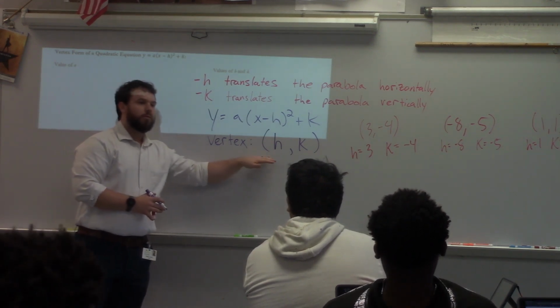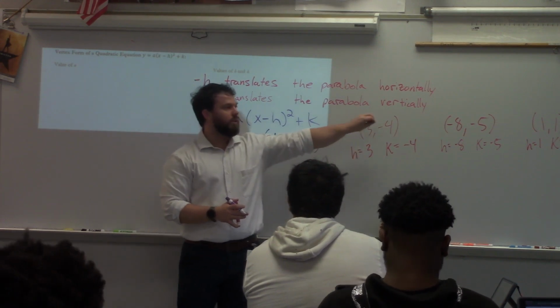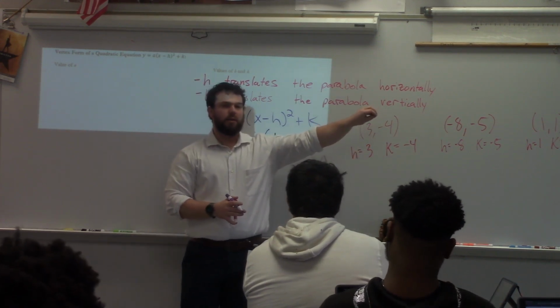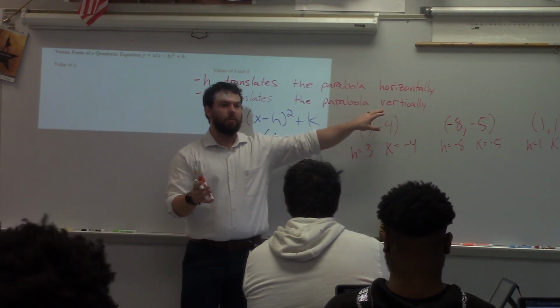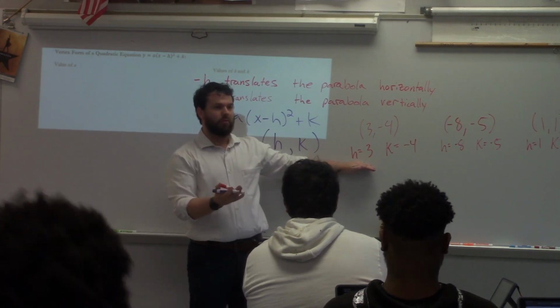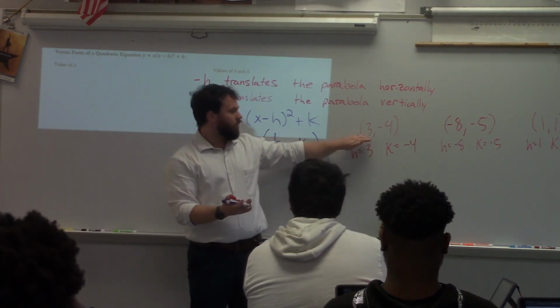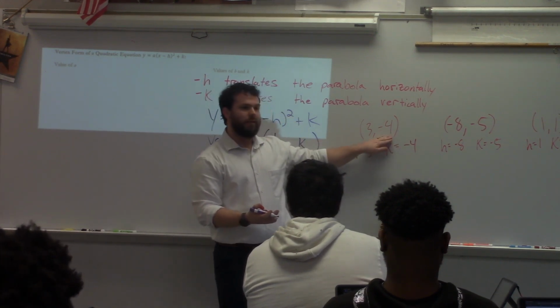So what we did, Jay Sean, is we looked at 4 different vertices from 4 different people, and I asked them, what h value did you have in the graph? The h of 3 was the x value of the vertex. The k value of -4 was the y value of the vertex.